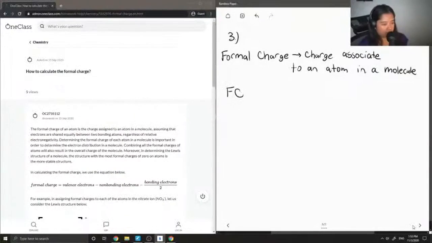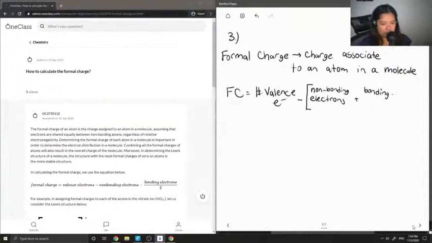Formal charge is equal to the number of valence electrons in the atom minus, in square brackets, the number of non-bonding electrons plus the number of bonding electrons divided by 2.